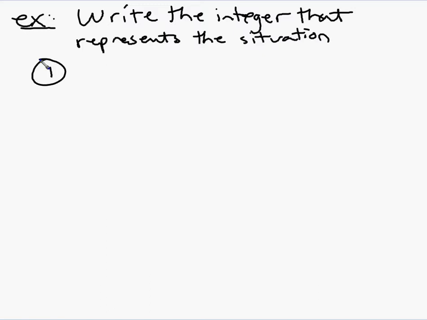So they're going to give you a situation and you're going to have to write either a positive or a negative integer for it. So this will be easy. What integer would I write for a 7-foot hole? What integer would that be? Negative 7. Okay, very easy. That would be a negative 7.